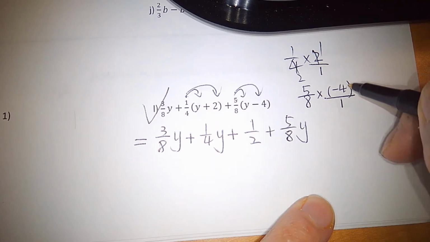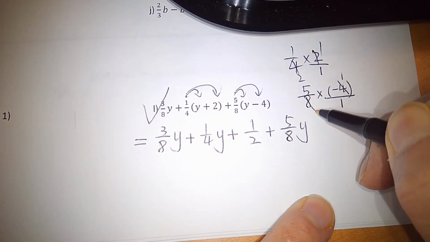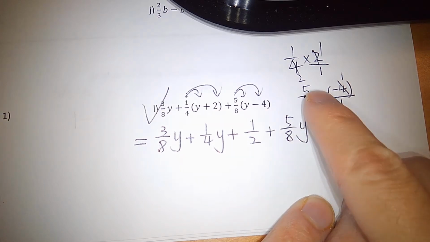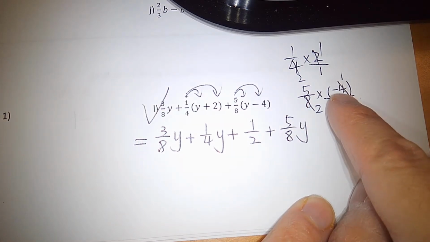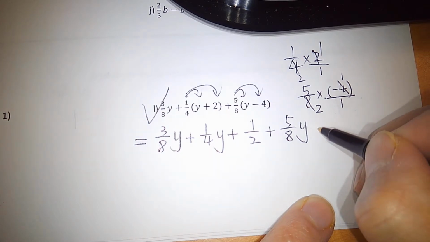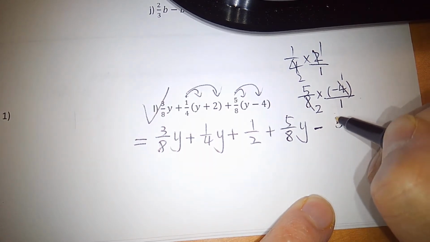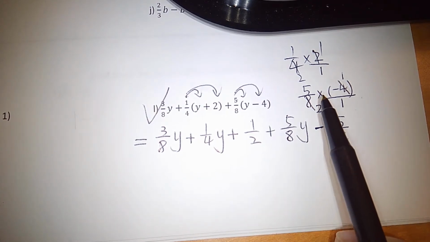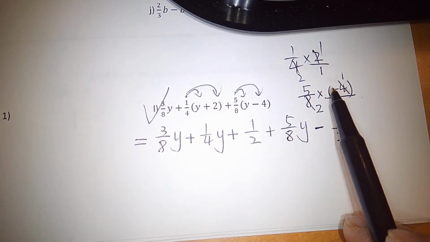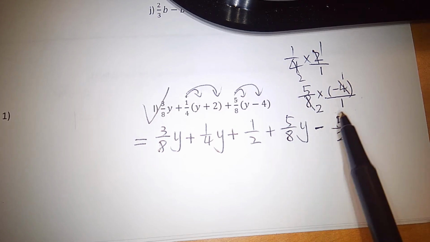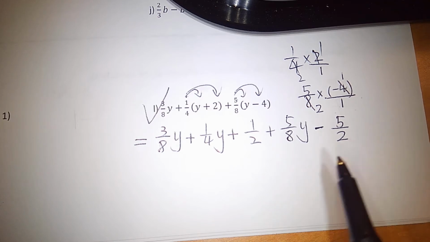Yeah, 4 and 8 give us a 1 and 2. So 5 times negative 1, 2 times 1 is what? Negative 5 over 2. You guys agree with that? See, there's a negative sign, negative 5. You can write this negative sign in front of the entire fraction. 2 times 1 gives us 2.